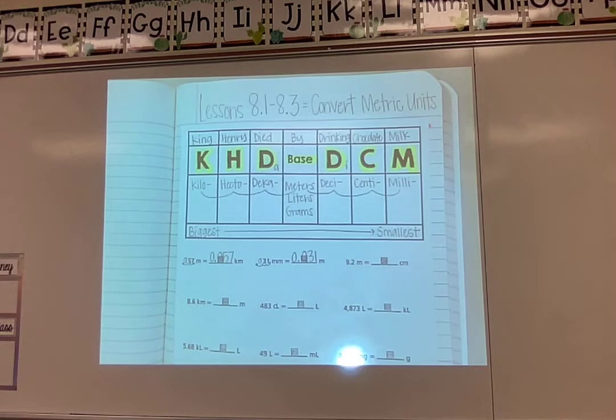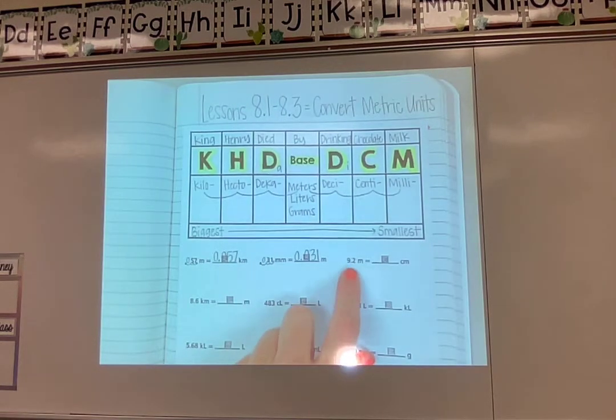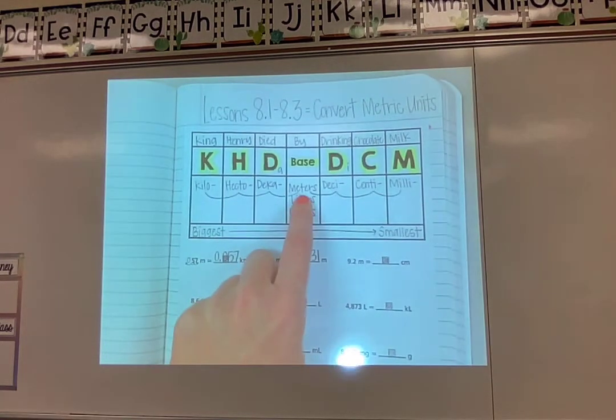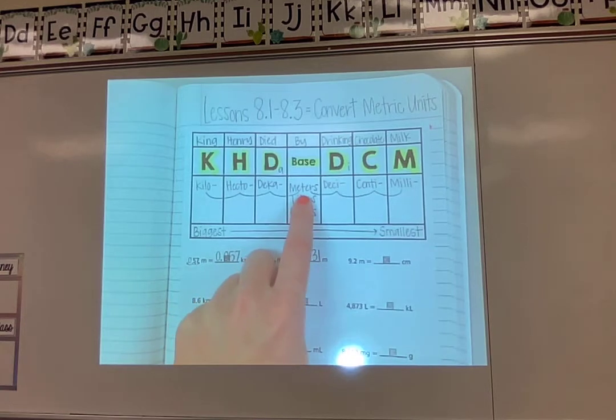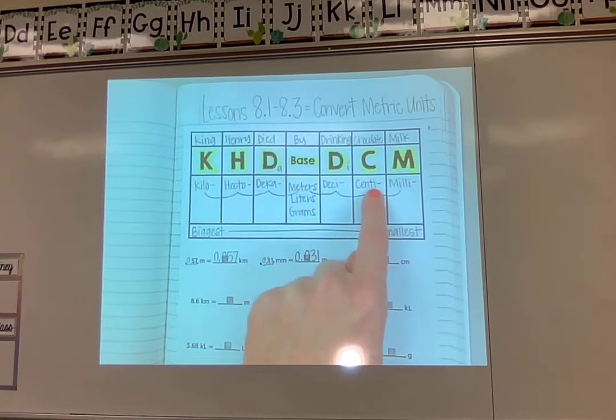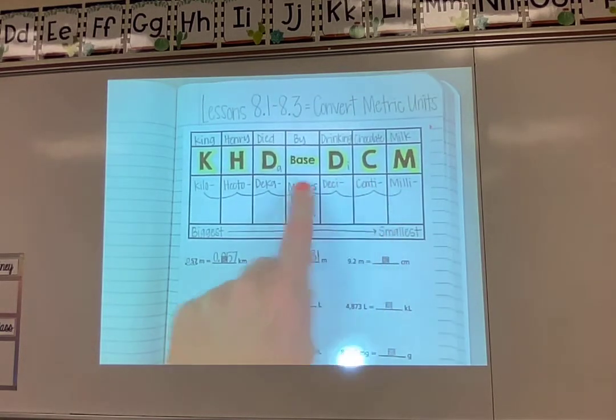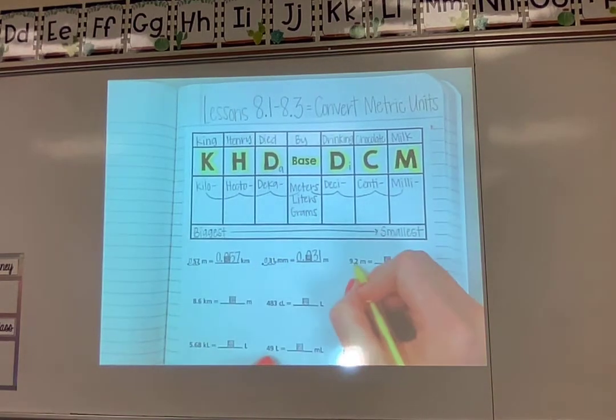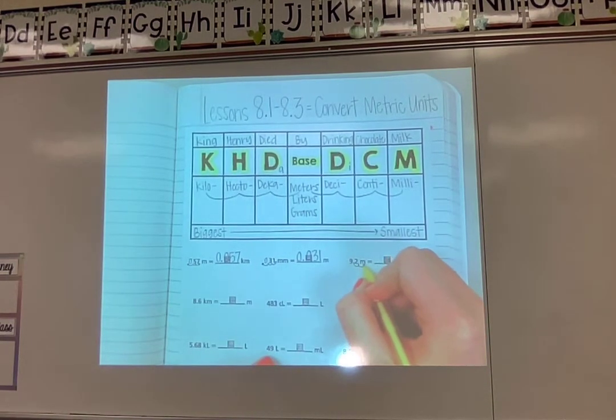Okay, let's try the next one. We have 9.2, so there's already a decimal there. I don't need to add it. We are starting at meters, and we are going to centimeters. So I'm just going to hop with my finger this time. Meters to centimeters. 1, 2 hops, and this time I went to the right. 2 hops to the right. So it's the same thing with my decimal. 1, 2 hops.